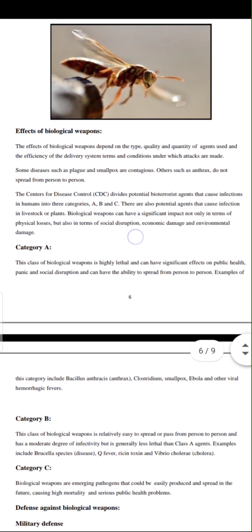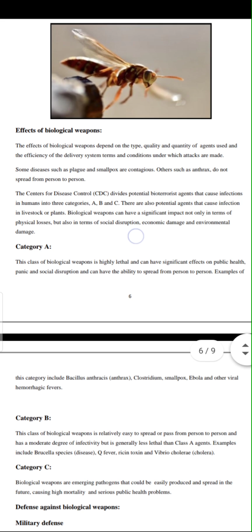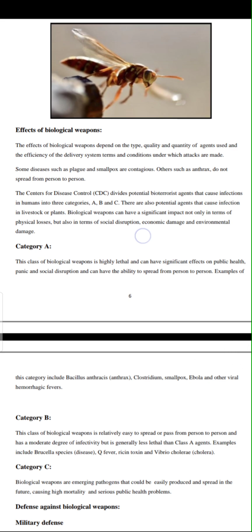Basically, the major effects of biological weapons depend on the type, quality, and quantity of the biological agents used, the efficiency of the delivery system, and the terms and conditions under which attacks are made and delivered to different organisms.